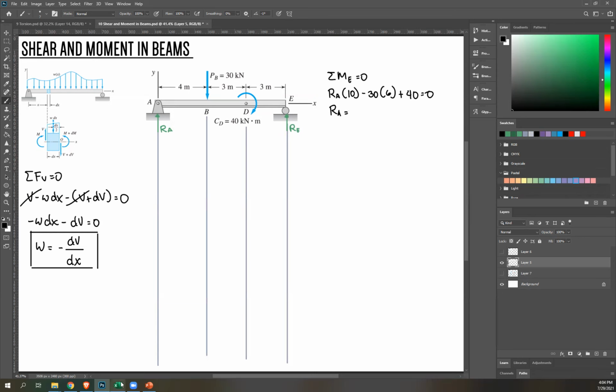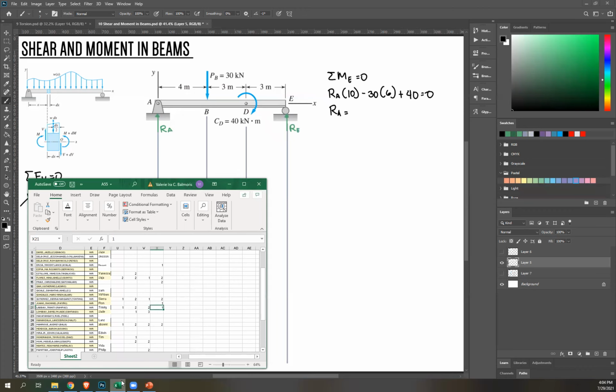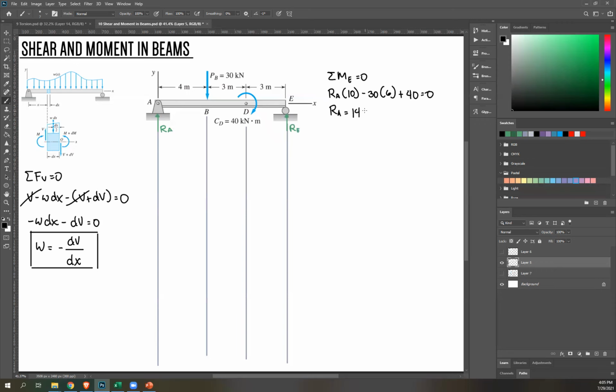Correct Trinity. And correct Nina. Correct Miguela. 14. So 14 kilonewton. And then solve also for reaction at E. So that's just summation of forces Y equals 0. RA minus 30 plus RE. Please solve.